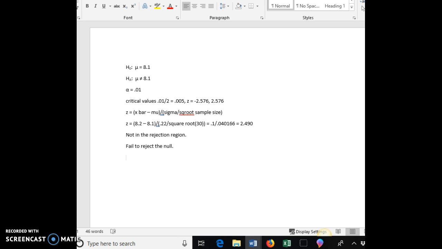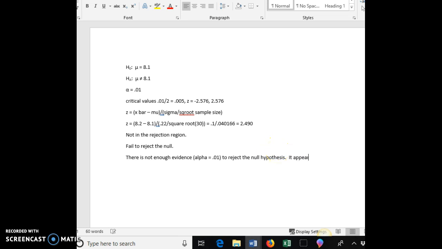All right, so once we've decided that we're going to fail to reject the null, we have to make a final conclusion. So there is not enough evidence, and we can state our alpha equals 0.01, to reject the null hypothesis. In this instance, since we can't reject it, we cannot say that there is a problem, which is really good in this instance.